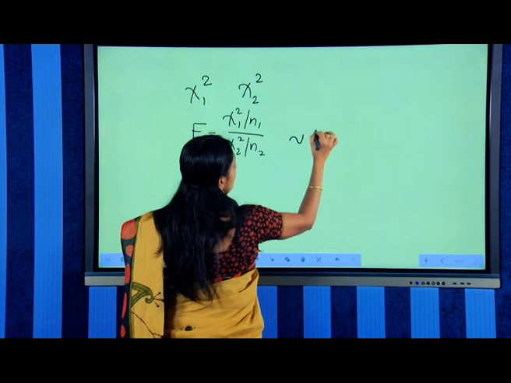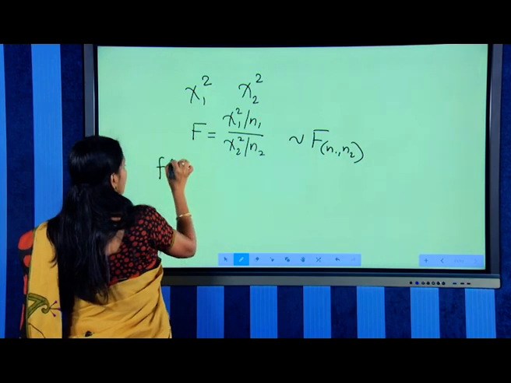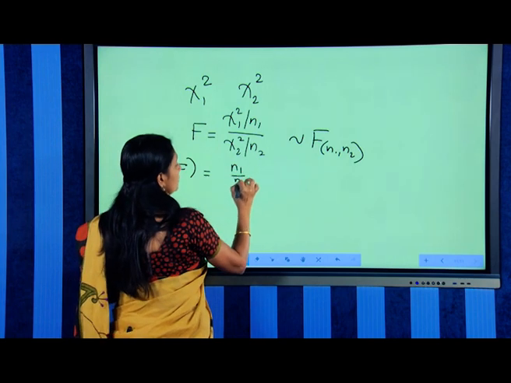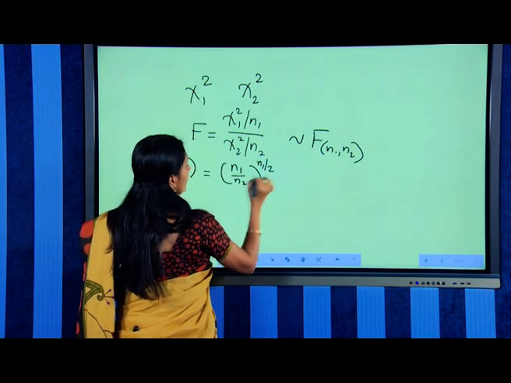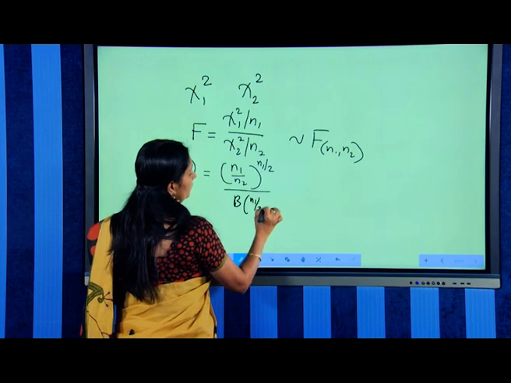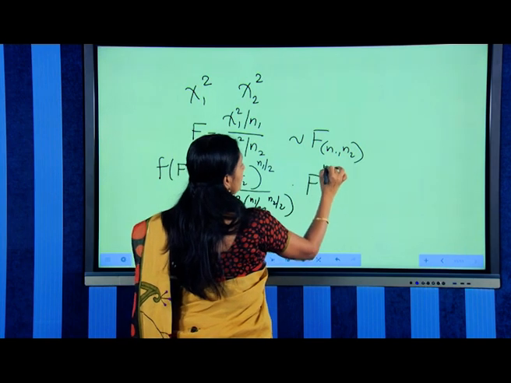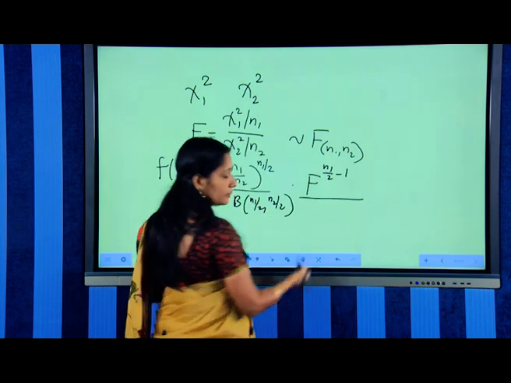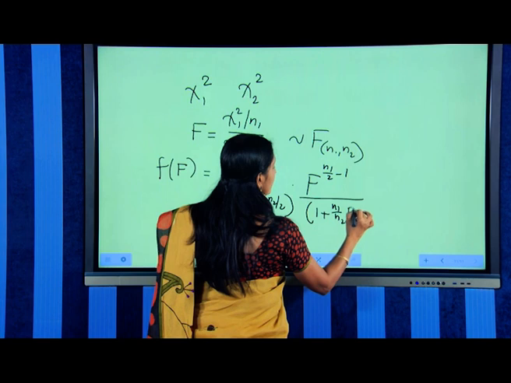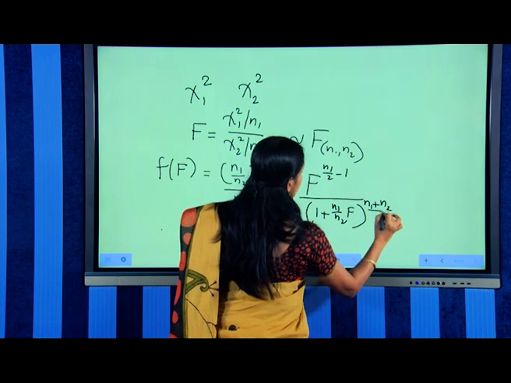Then the distribution of f is denoted as f distribution with n1 n2 degrees of freedom, and the density function can be written as f is equal to n1 by n2 raised to n1 by 2 divided by beta n1 by 2 comma n2 by 2 into f raised to n1 by 2 minus 1 divided by 1 plus n1 by n2 f raised to n1 plus n2 by 2.